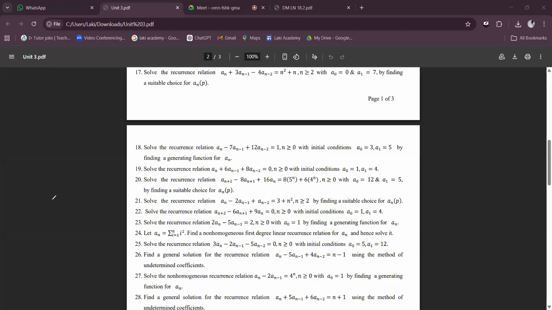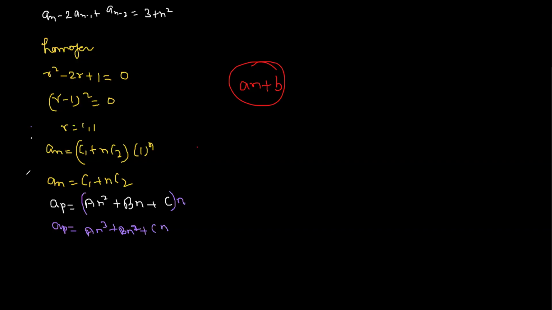Okay, question number 21. Yes. In 21, condition is not given. Initial condition. Right?